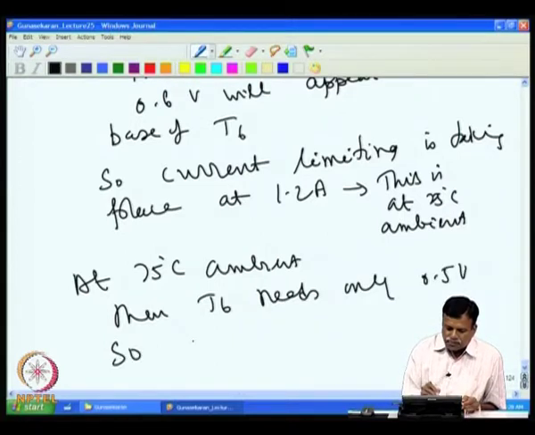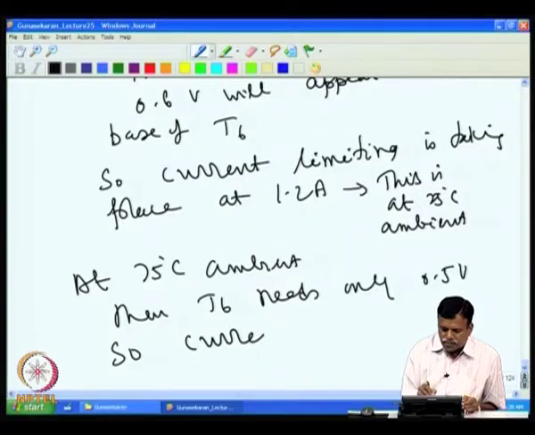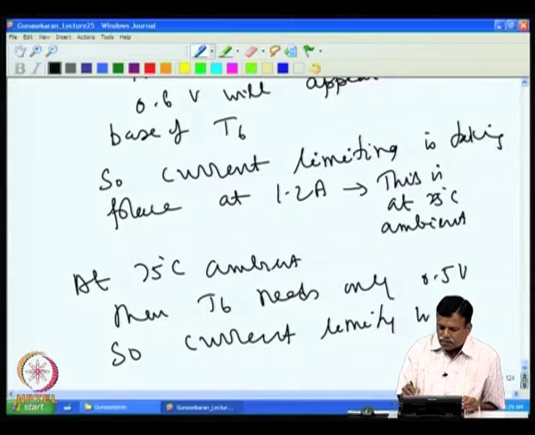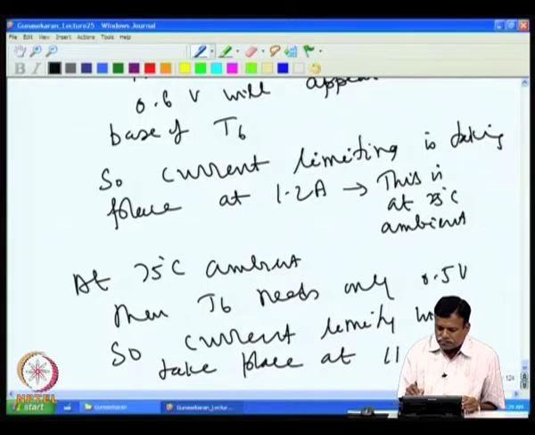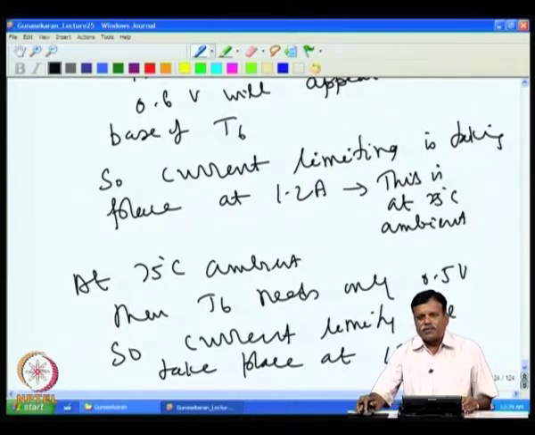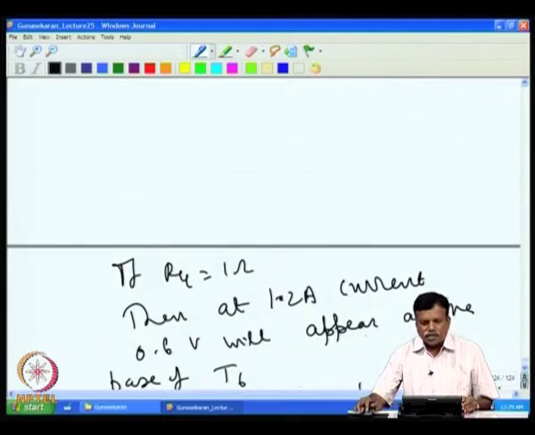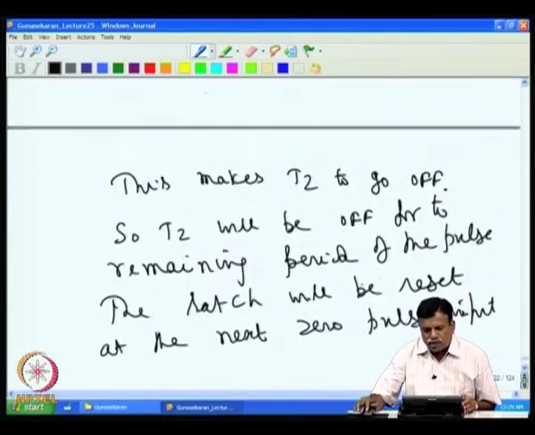So, current limiting will take place at 1 amps. So, obviously with the temperature the current limiting is changing. So, we want to avoid this.